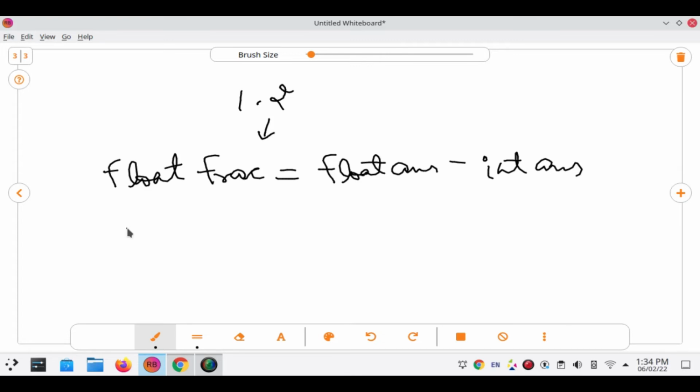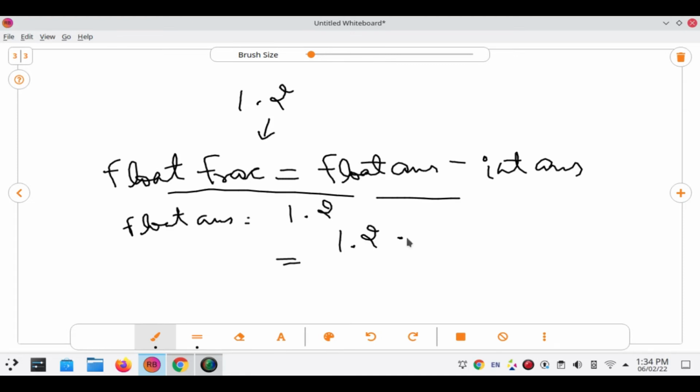If we store our answer in a variable called float answer, and it is 1.2, then as per this formula, float answer is 1.2 minus the integer answer, typecast as integer of 1.2. So it will be basically 1.2 minus 1, and we will get 0.2.